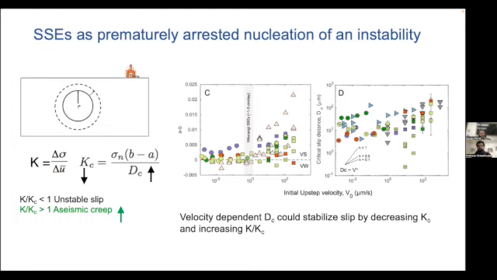So particularly taking the example of the critical slip distance, if that increases with velocity, this implies that the critical stiffness reduces, or if you're in the H star world, the critical patch size H star is increasing with velocity. Energetically, this is going to favor a slower rupture over a more dynamic one.